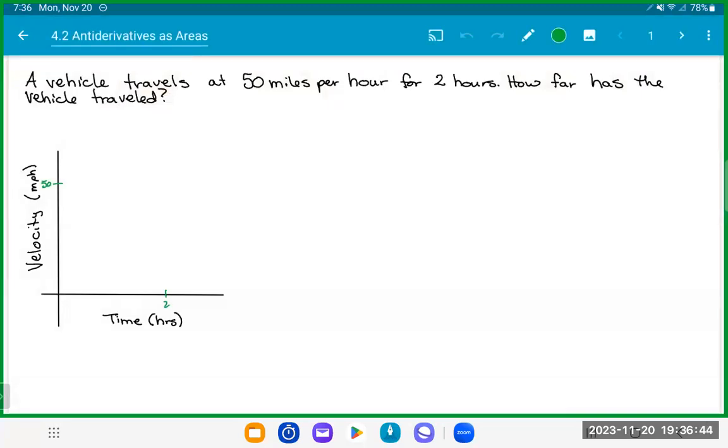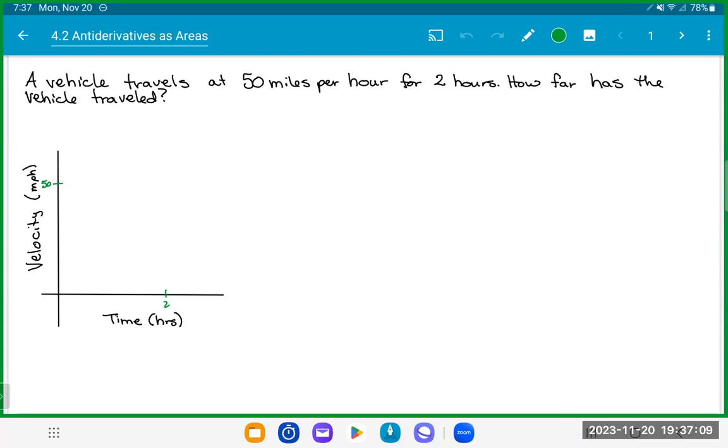So what we have here is, now we're going to look at integral calculus, which studies the accumulation of units as the input variable increases, okay? And the best way to express this is through an example. Imagine that a vehicle travels 50 miles an hour for 2 hours.